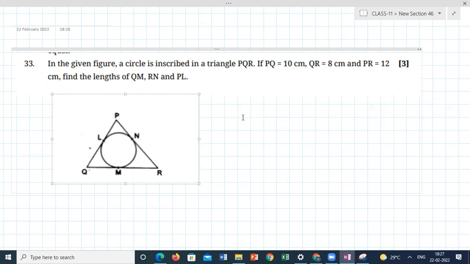He's asking, the length of PQ is given, QR is given, PR is given. Then he's asking QM, each individual tangent's length. It will be easy, basic algebra, and the length of the tangent drawn from a point is equal. That one point will be useful to solve this question from the circles. Rest is algebra.